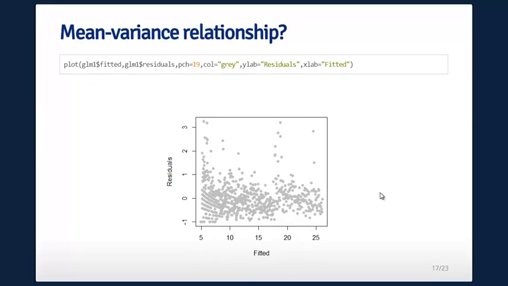A very common way to account for some amount of model misspecification, even though you feel like you've got the mean model correct in statistics, is to use these so-called robust standard errors.